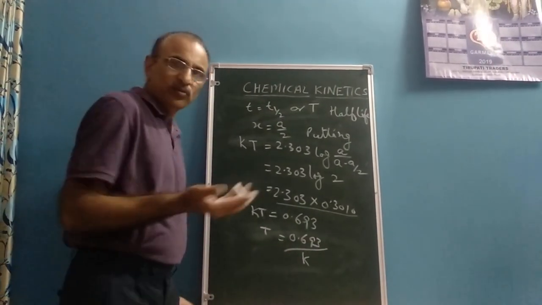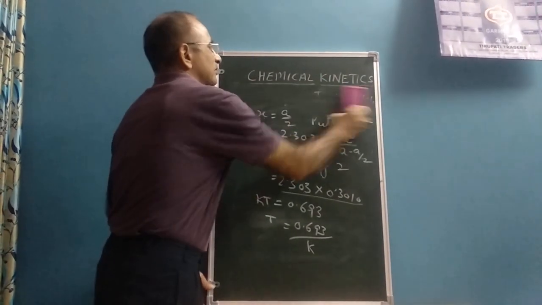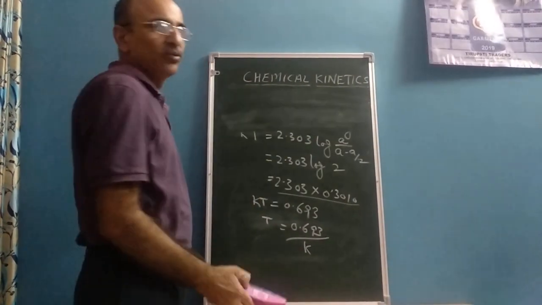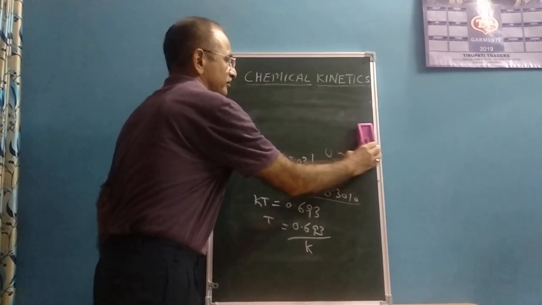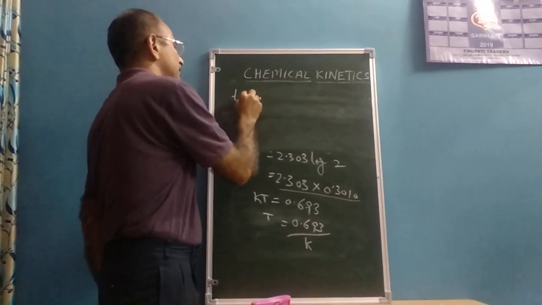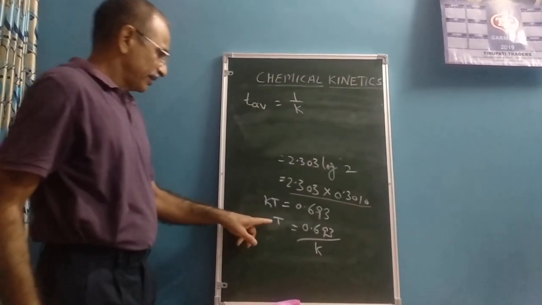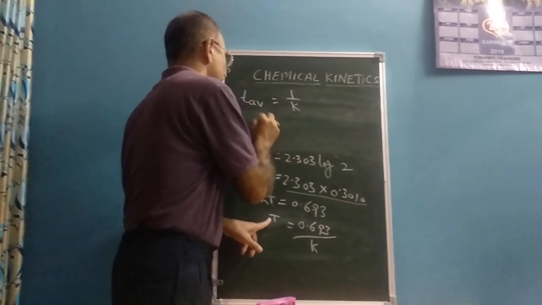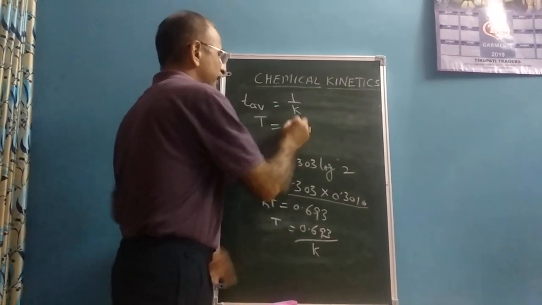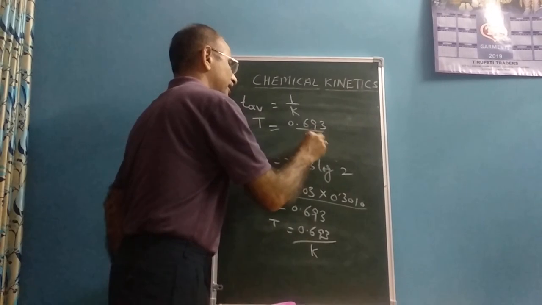Now we are going to calculate the average life period. Average life period is the inverse of k. Here T average equals 1 by k. We have the half-life period as 0.693 by k.